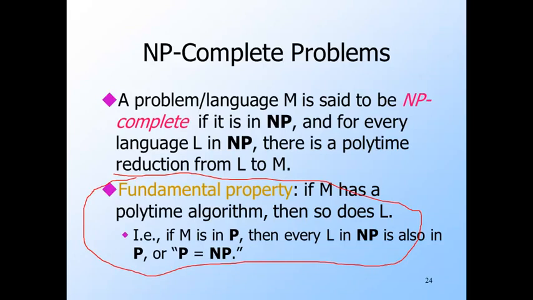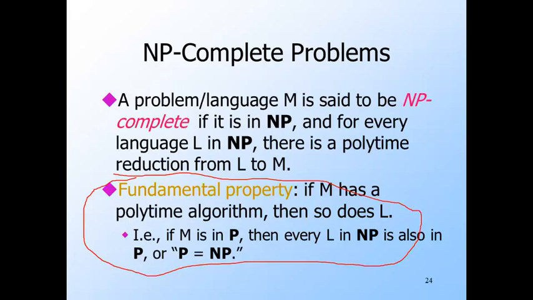Cook concentrated on showing one particular problem, the question of whether an expression of propositional logic was satisfiable, that is, made true by some assignment of truth values to the propositional variables. But shortly after Cook wrote his original paper on NP completeness, Dick Karp wrote another paper that showed many of the classical problems that had been puzzling mathematicians, sometimes for centuries, were NP complete.